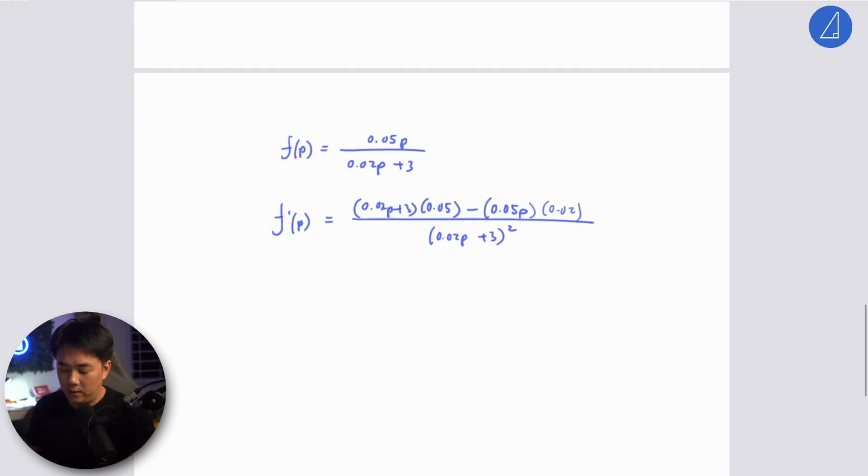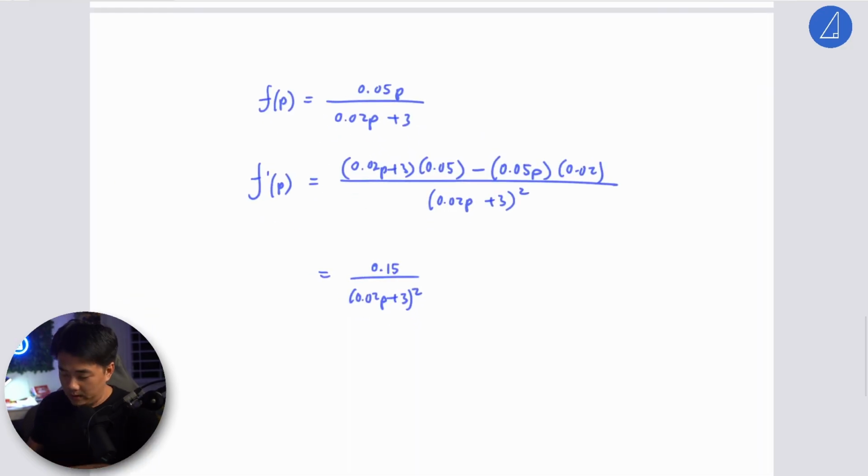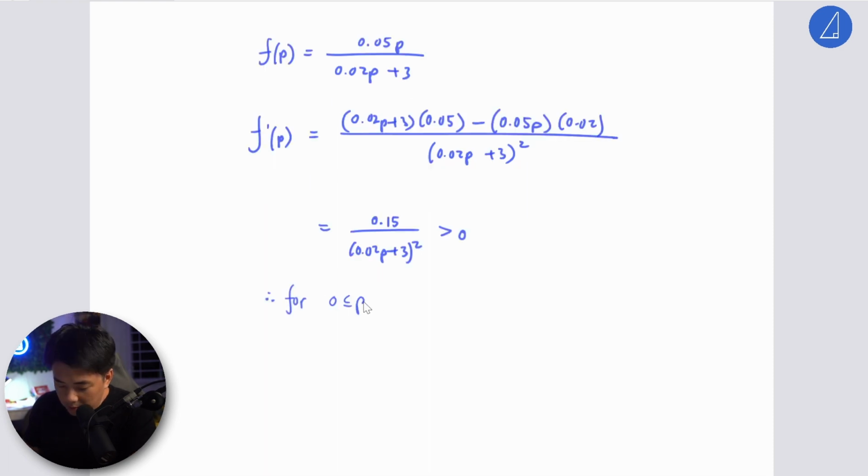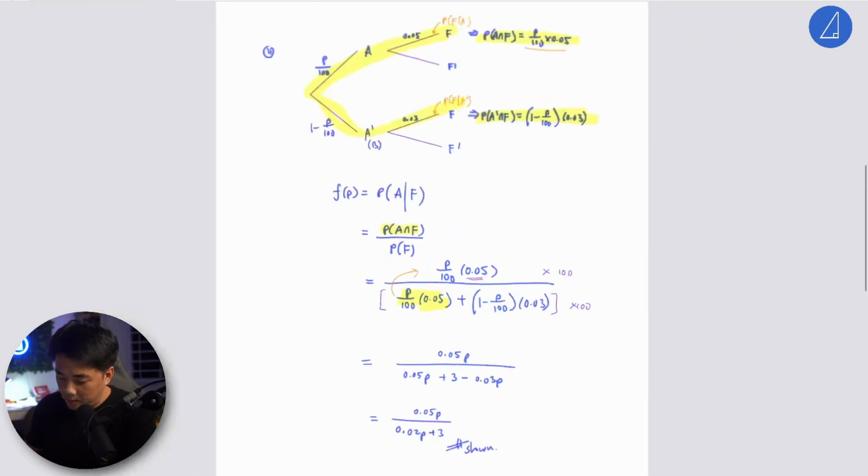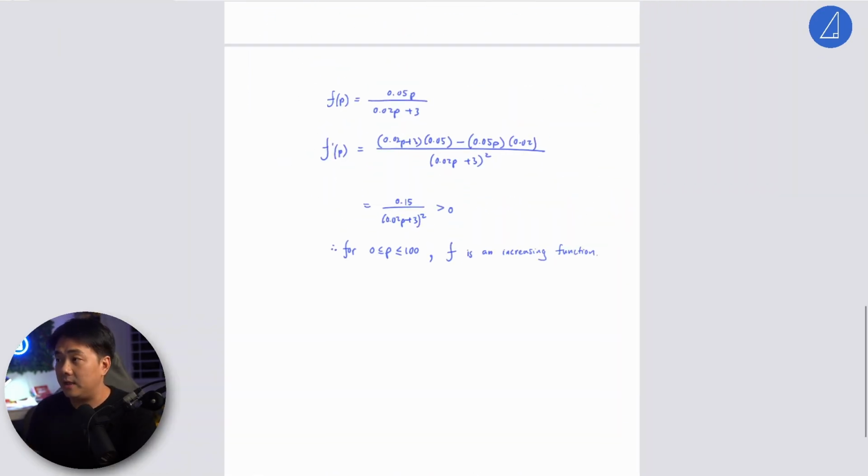Okay, just do this. So this is obviously always positive. For P from 0 to 100, f(P) is obviously an increasing function.